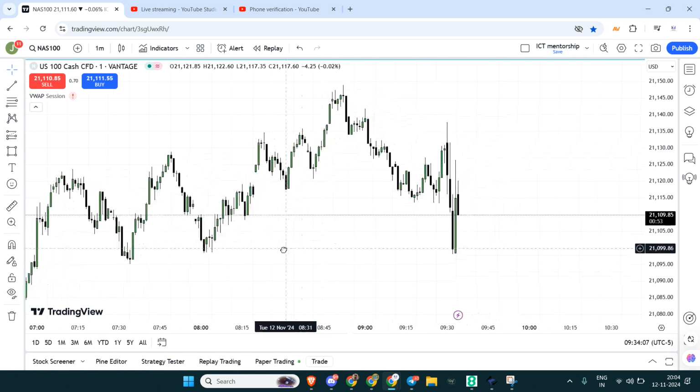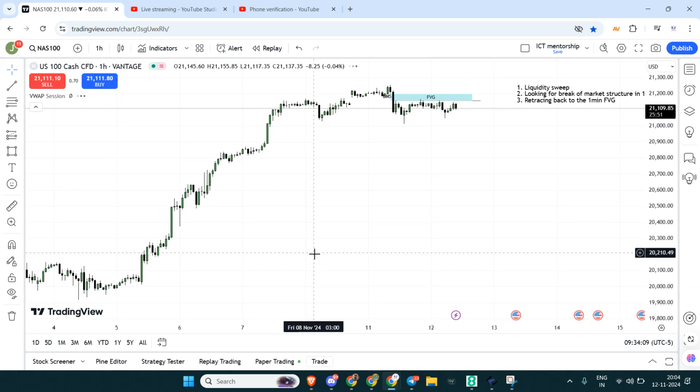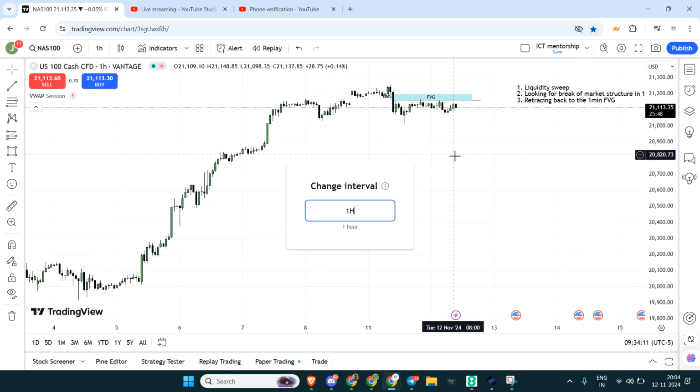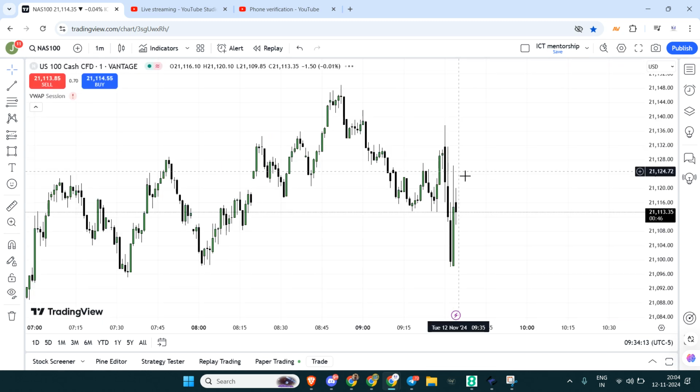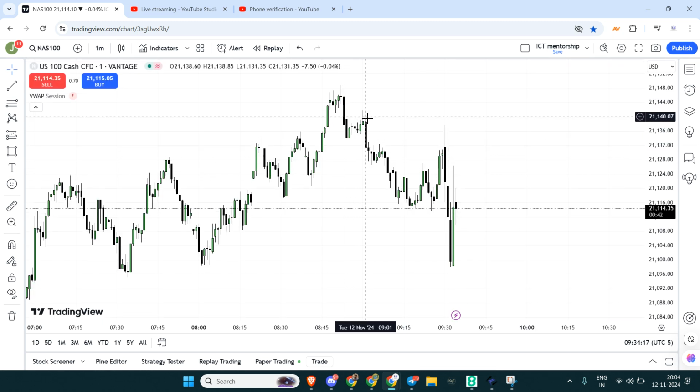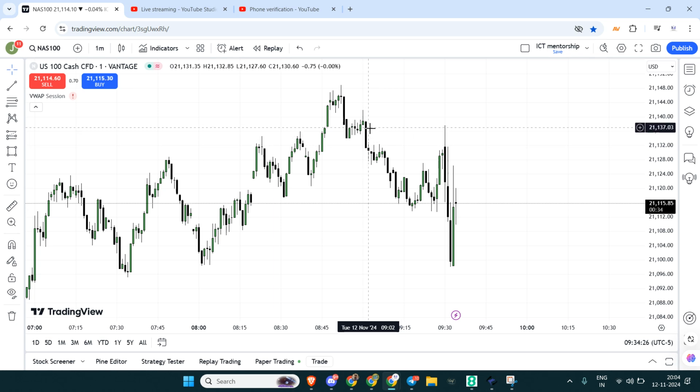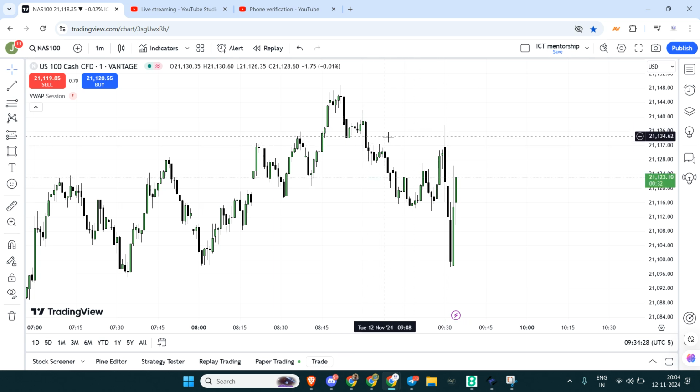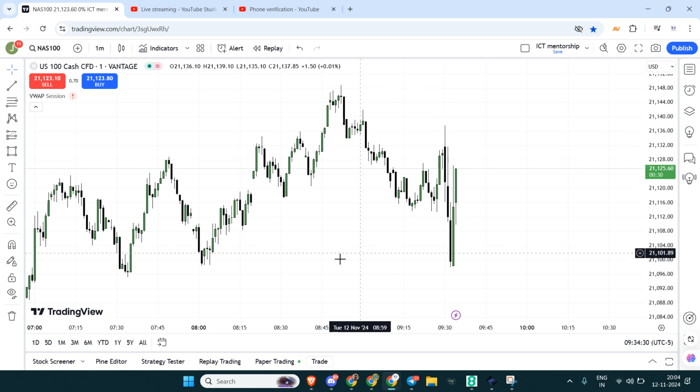Initially we'll be looking for a liquidity sweep. If we check, we can already see that at the 9 a.m. opening, price reacted, mitigated the 1 minute FVG here, and came back.